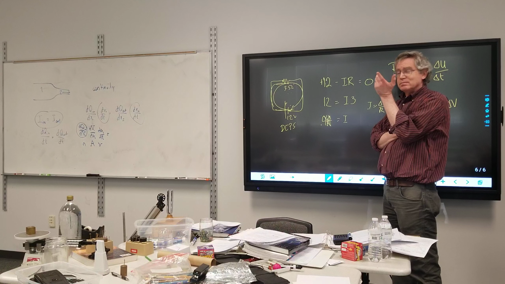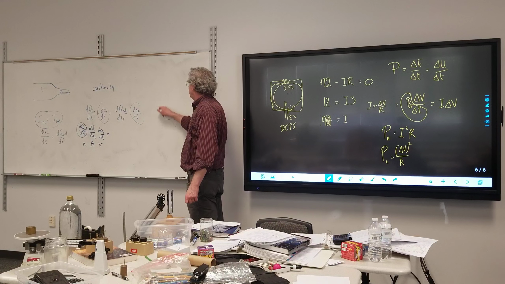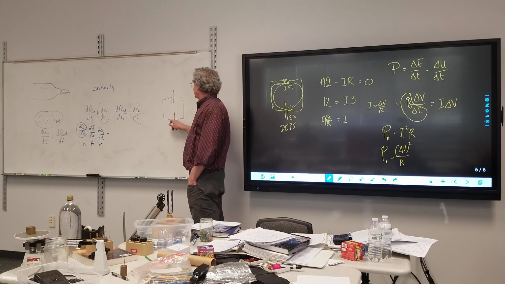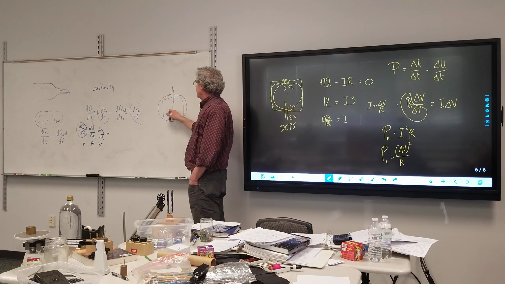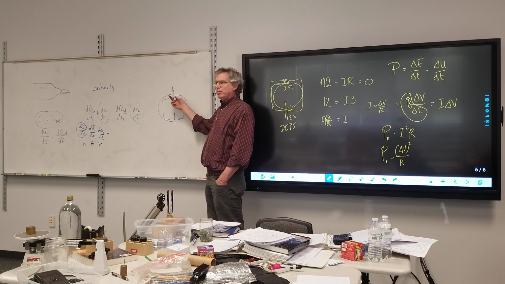Capacitors. If I have a parallel plate capacitor hooked up to a battery, I have current flowing in onto this plate and then off of that plate. But I have a gap here. I have current flowing in onto the plate, but it doesn't look like I have any current flowing off the plate. There's a gap before it joins up again.